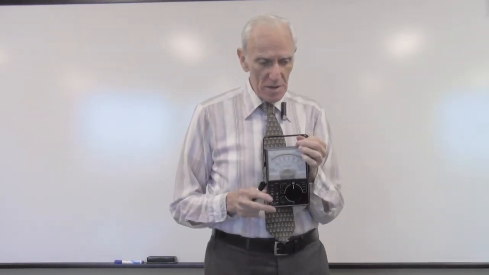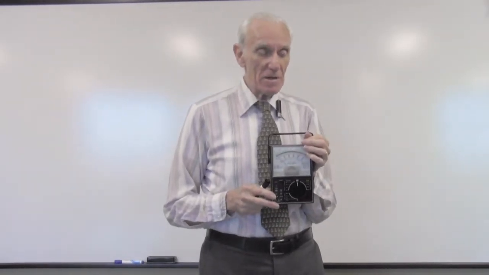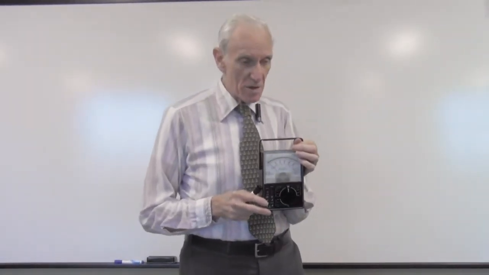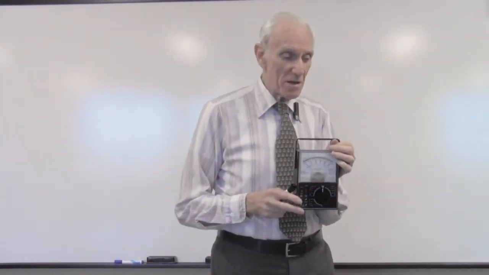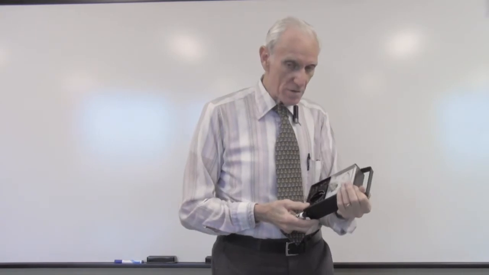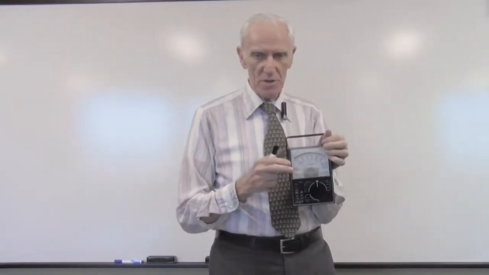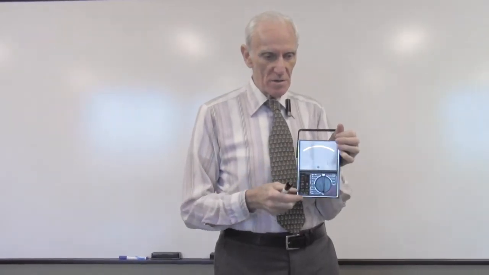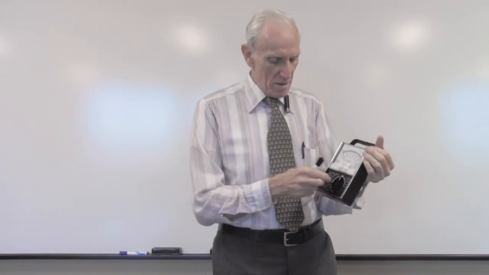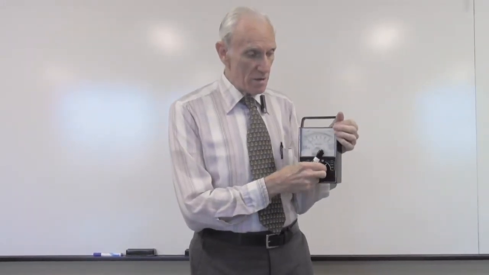This meter can measure resistance in ohms, current in amperes, and voltage in volts, and other things as well. But those are the main things we're going to use it for. It has various scales. The top scale is an ohm scale, and then the other scales are adjustable by selecting with the switch the scale you want to use.